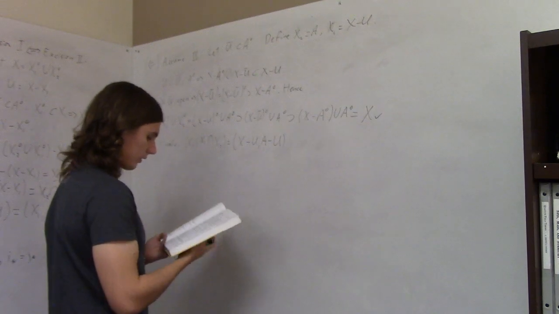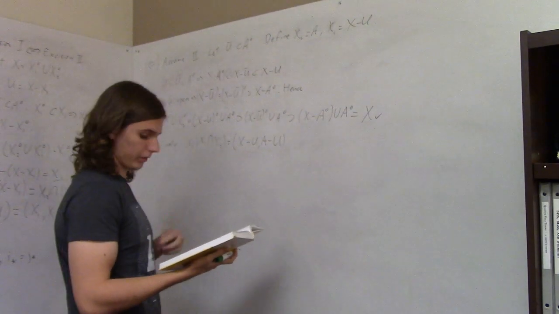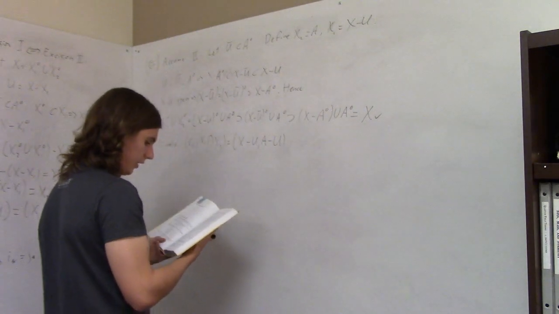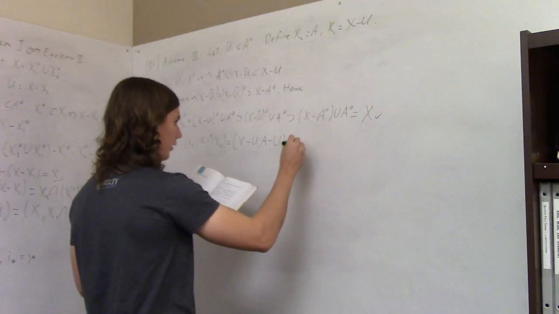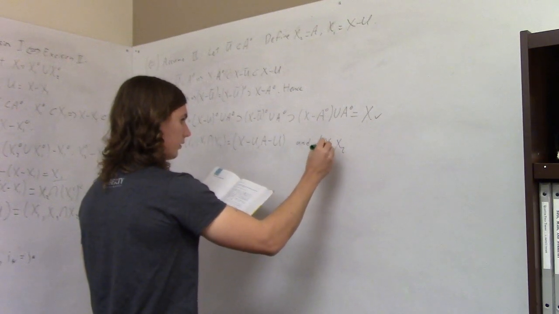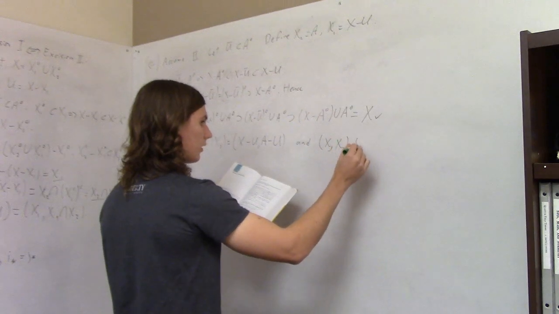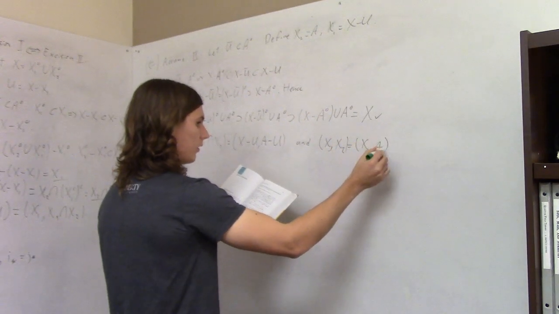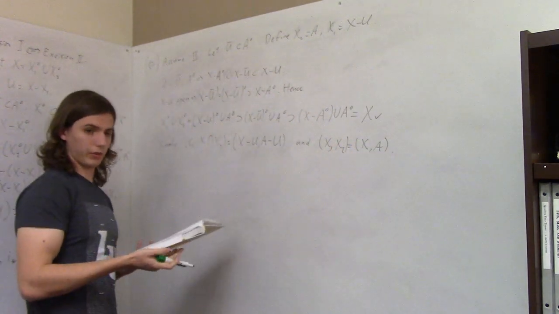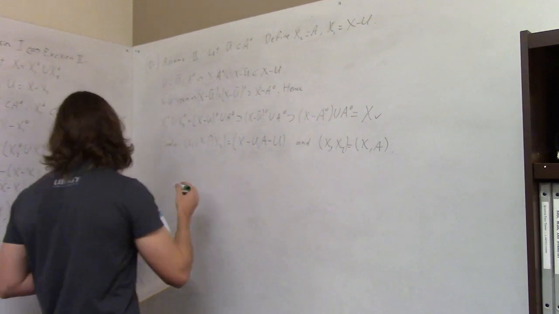Pretty much, like I said, these are defined the same way as we did for the proof of the other direction, so it's the same thing. And x2 is equal to xa. Therefore, the inclusions are the same, therefore the isomorphisms are the same.